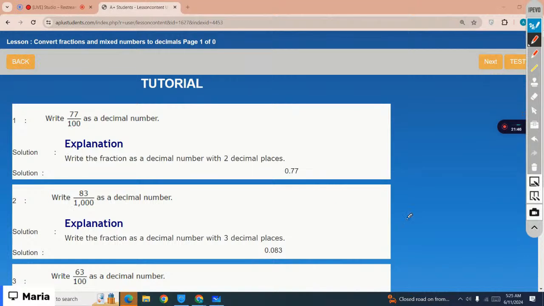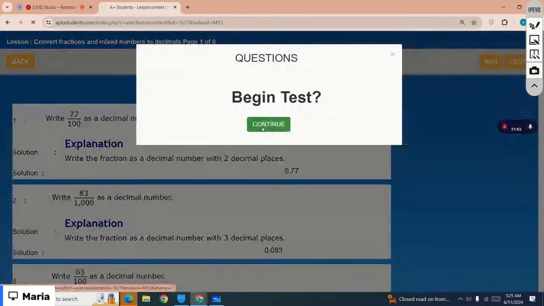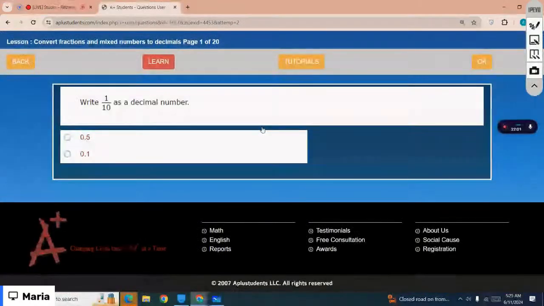Okay, let's just start with the test questions. Write 1 by 10 as a decimal number. So which is the correct option?